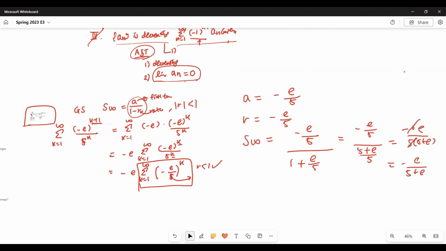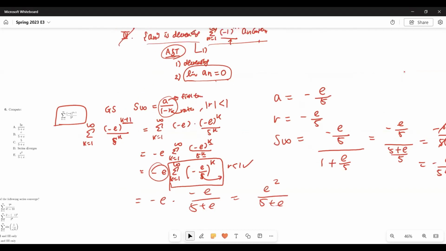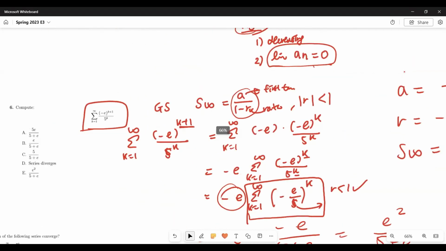Okay. And then don't forget to multiply by negative e because we took it out. This is negative e times negative e over 5 plus e, which is e squared over 5 plus e. So the answer for this question is E.